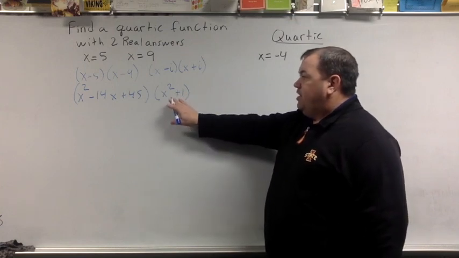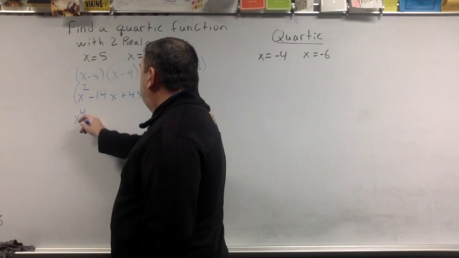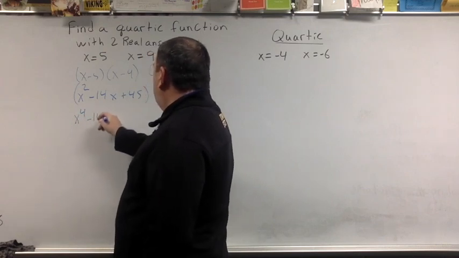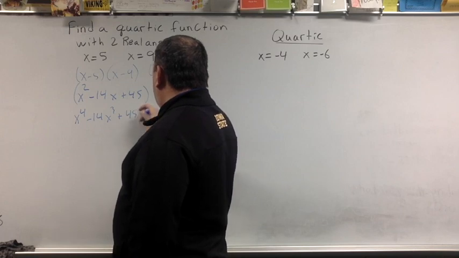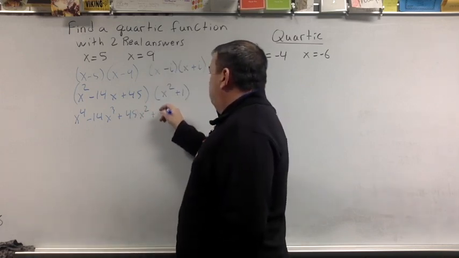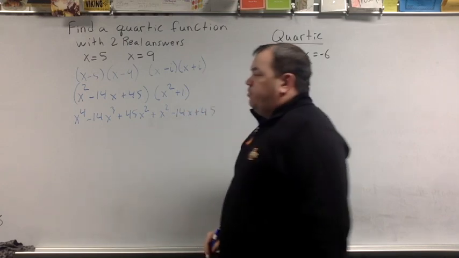So when I multiply this in, it takes a little work, but I'm going to multiply this in. And now I'm going to combine my like terms.